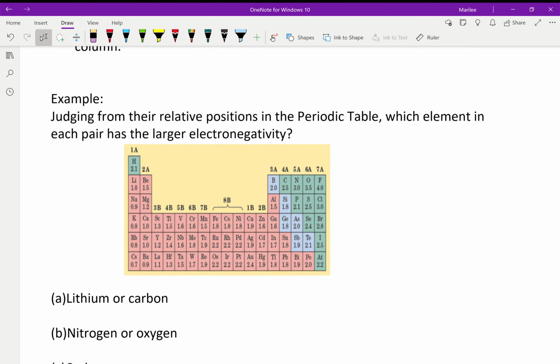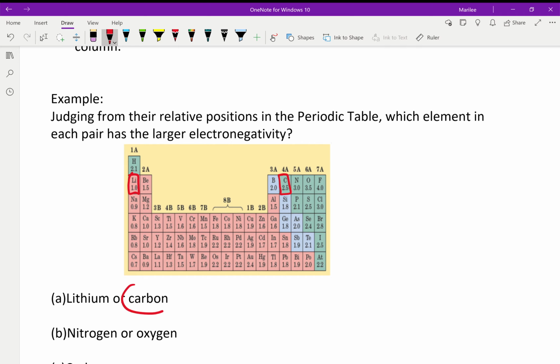An example here: judging from their relative positions on the periodic table, which element in each pair has the larger electronegativity? We have lithium or carbon, right? Which has a larger electronegativity?